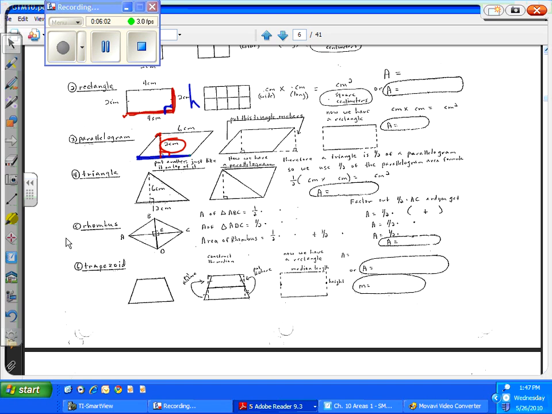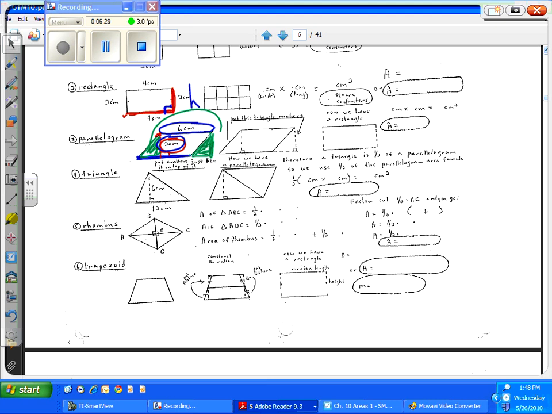Well, you may ask, how could we come up with the formula? If we took this little triangle that's right here and we moved it over here, we would actually have a rectangle whose base length is the base of the parallelogram and whose height is the height of the parallelogram.